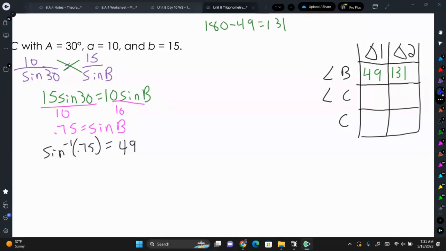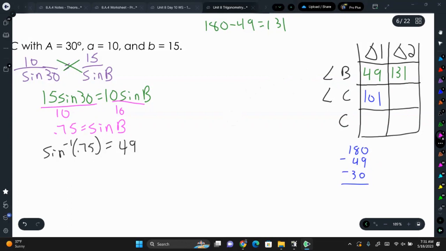So if we do 180 minus 49 minus 30, that gives us 101 degrees. Then for triangle 2, we're going to do 180 minus 131 minus 30.